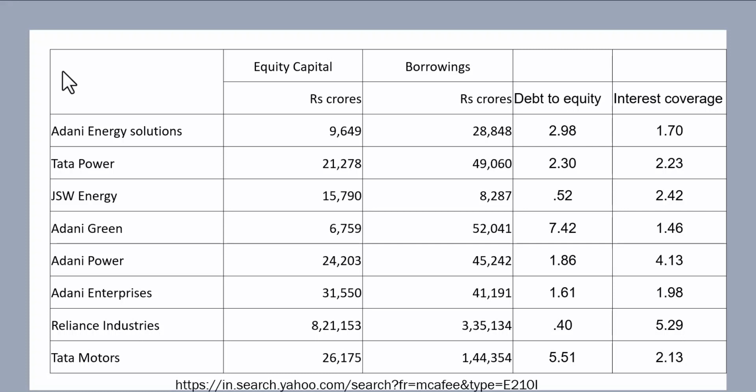So here, company debt to equity ratio is this. Tata Power, which is 2.3. Like you look at Reliance, it's 0.40. Fine. Adani Green, 7.42. So Adani Group, most of the companies, they're using too much leverage. That's why the company becomes riskier. If something happens to Adani business, then the companies can go into bankruptcy.